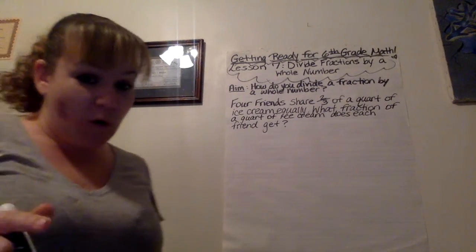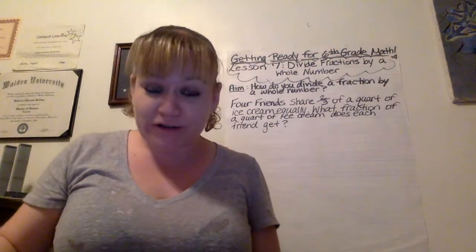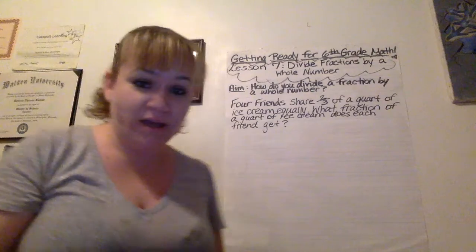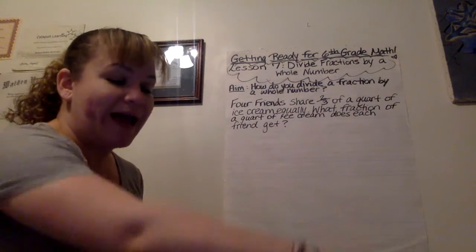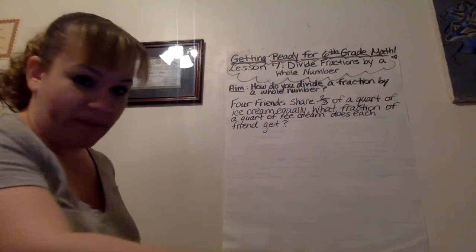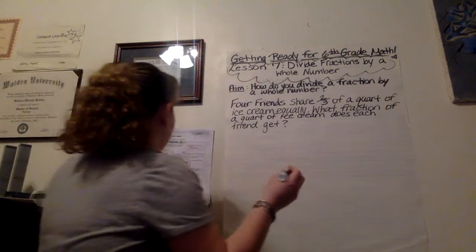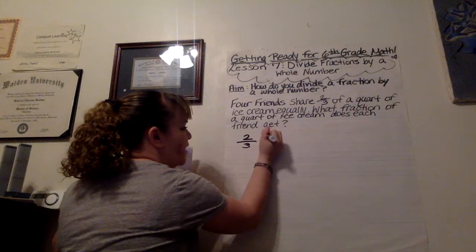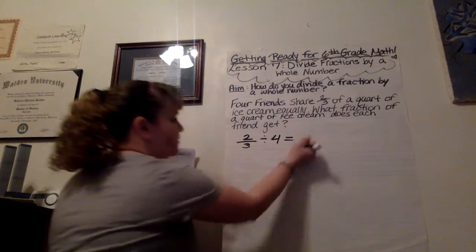It's not going to be 4 divided by 2/3, because remember, we do not divide people. We can't cut people in half. It's 4 friends sharing ice cream. You want to break up the ice cream. Okay, so they give you the ice cream, it's 2/3, and you're going to divide it by 4 friends.